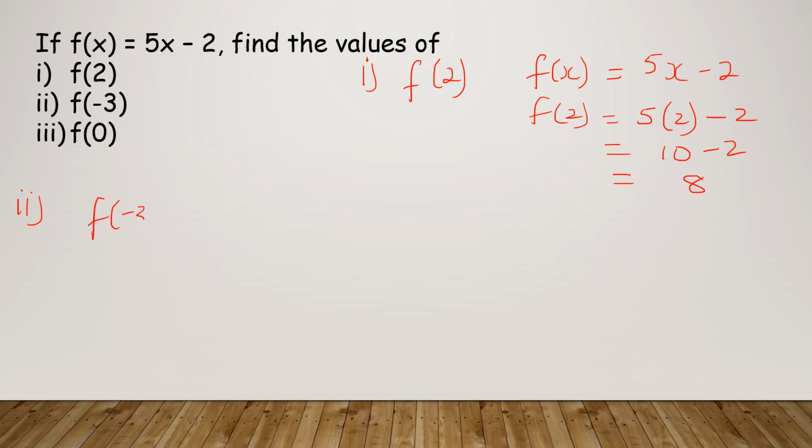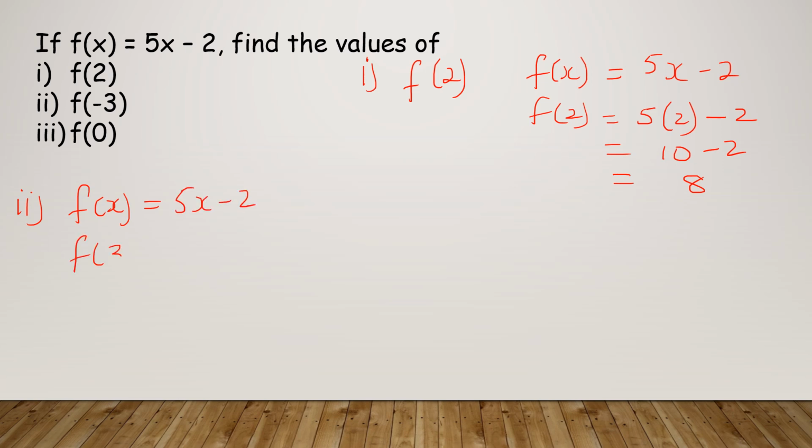Number 2, f of -3. So we want to find f of -3, let me just make sure I write it down right. So I'm just going to write f of x is equal to 5x minus 2.